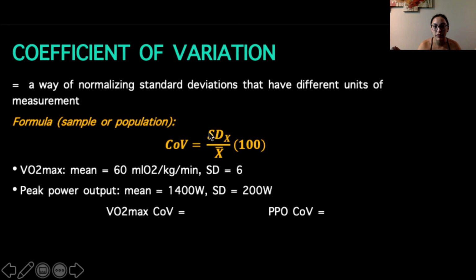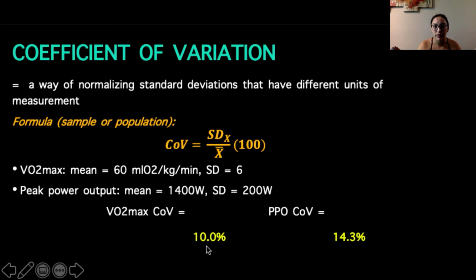If we do standard deviation divided by the mean, for our VO2 max, we would get 10%, and for our peak power output, we would get 14.3%. So this normalizes our units into a percentage or a similar playing field, and then we can determine which variable has more variability based on the value that the percentage assumes.